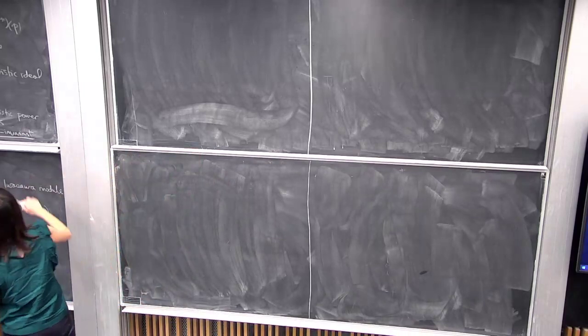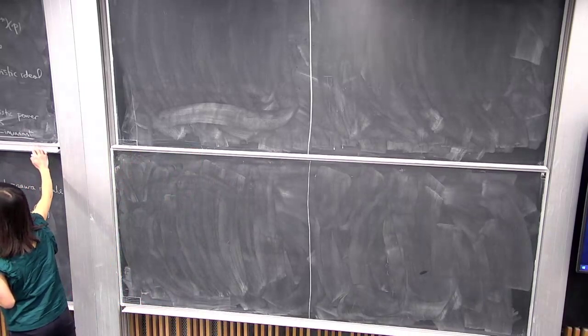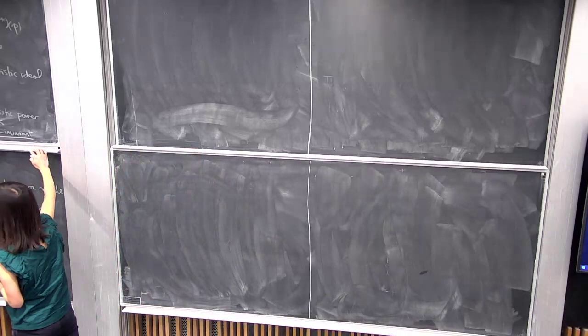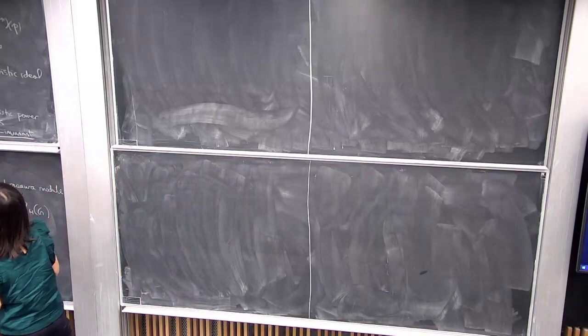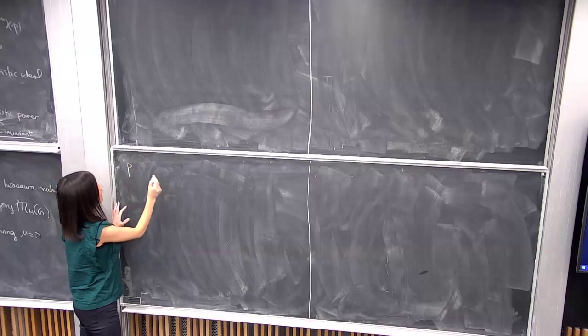In the number field setting, I was kind of assuming p is an odd prime, but from now on, p can be any prime.